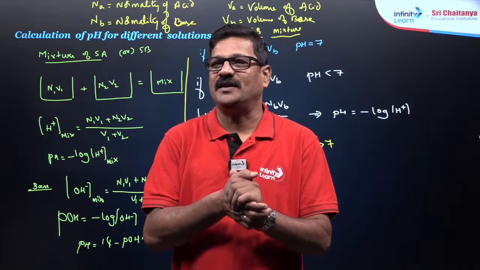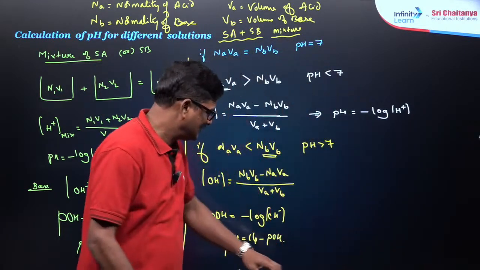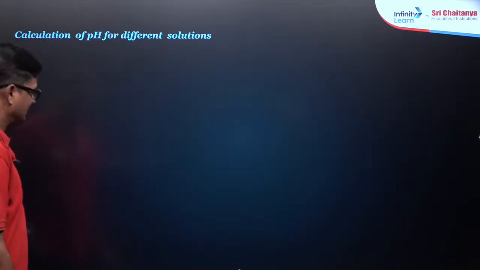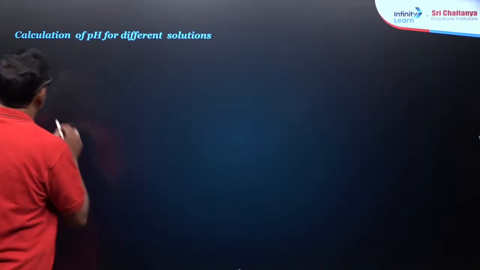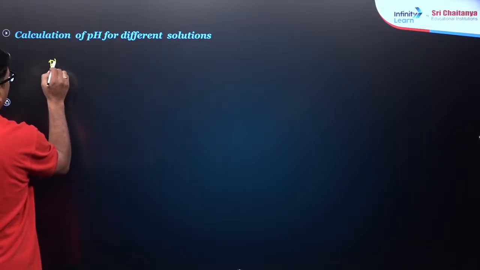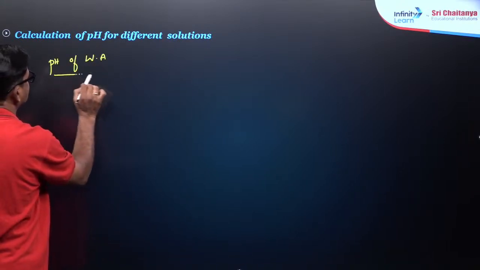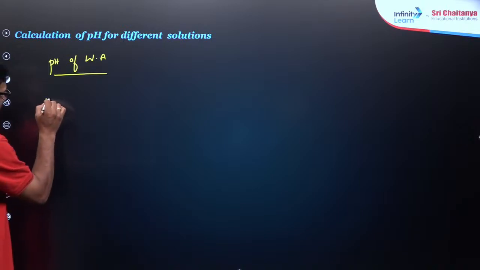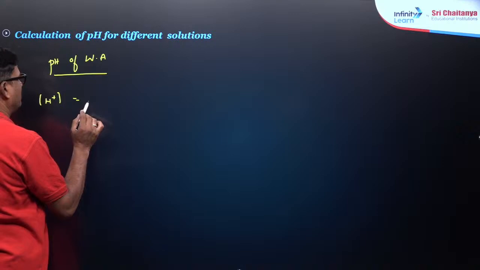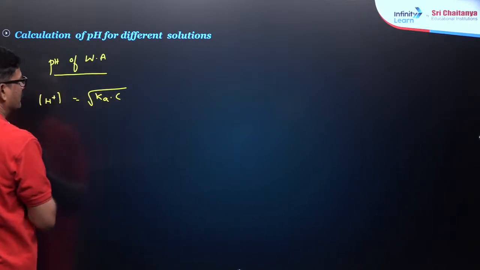So all enjoying the pH calculation tricks, and let us go into pH of weak acid. और weak base भी देख चुका, and if it is pH of weak acid, H plus ion concentration is going to be, okay, root over Ka dot C, right?